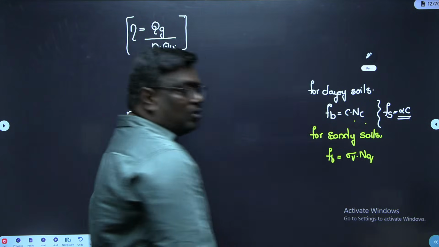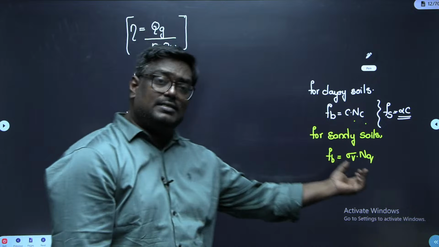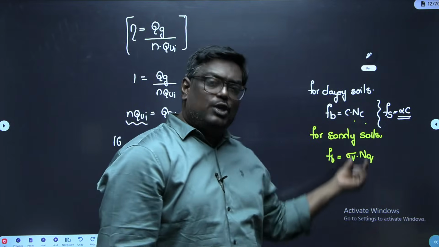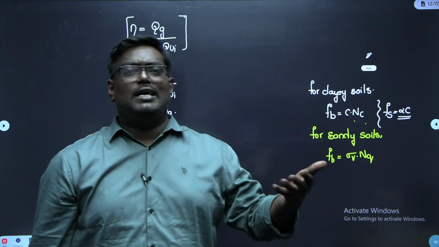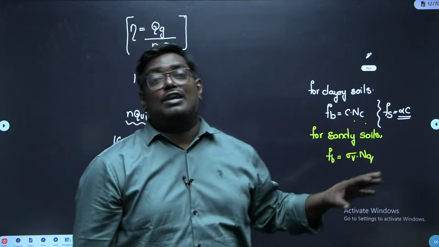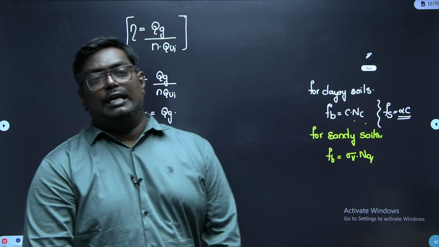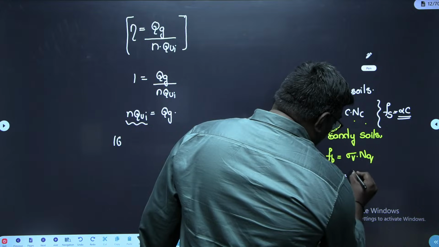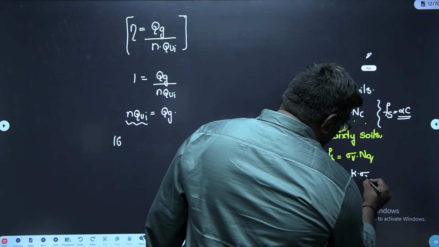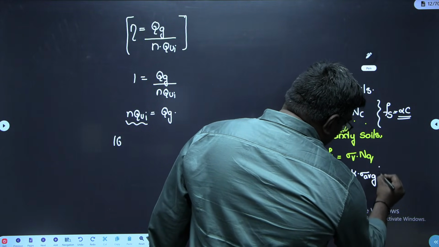What is FB, sir? End bearing resistance. NC, NQ, N gamma are called Terzaghi bearing capacity factors with respect to the cohesion, surcharge and unit weight, and they are functions of phi only. And Fs can be written as K into sigma average into tan delta.